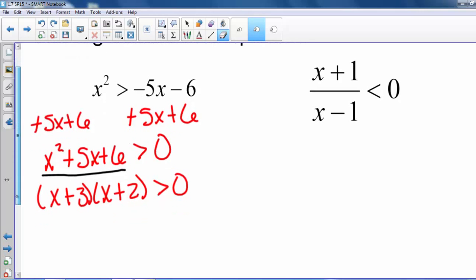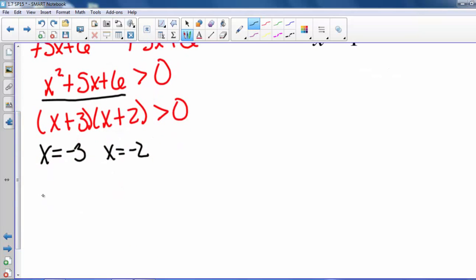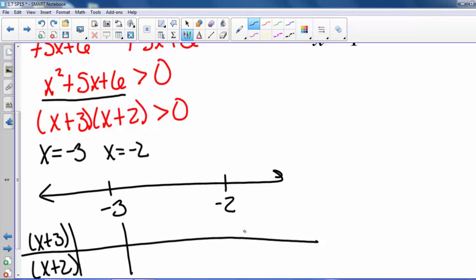So to do that, first we're going to find where they are equal to 0. So we're going to find that x plus 3 equals 0 at x equals -3, and x plus 2 equals 0 at x equals -2. Then we're going to put those on a number line. So we have -3 and -2, and we're going to make a sign chart. So we're going to put our factors on the left-hand side. And so we want to know, in each of these intervals, are we negative or positive?